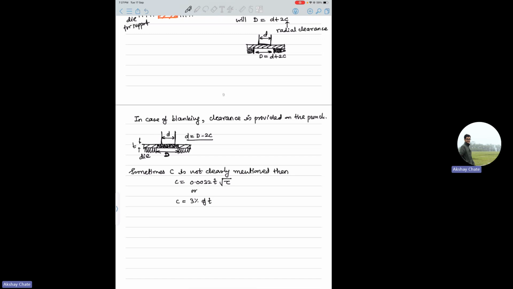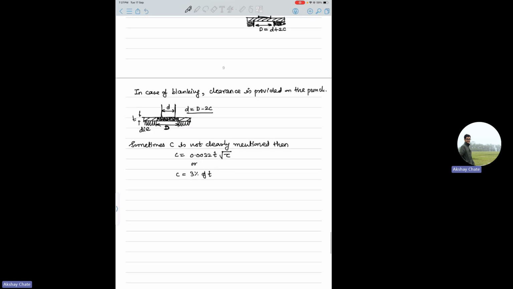So you only travel up to some penetration. After that, because of fracture, the shearing takes place, and you'll have your desired output. So you need not travel the whole thickness of your specimen, and that is called the penetration or penetration factor K.